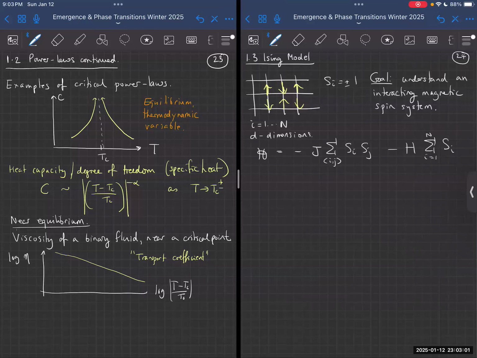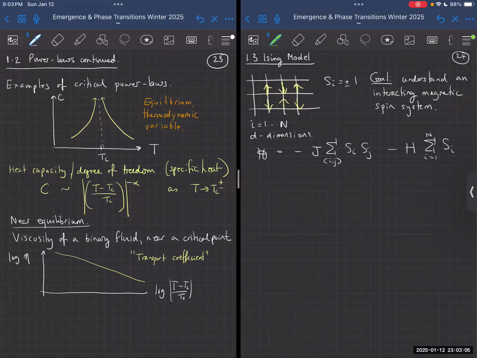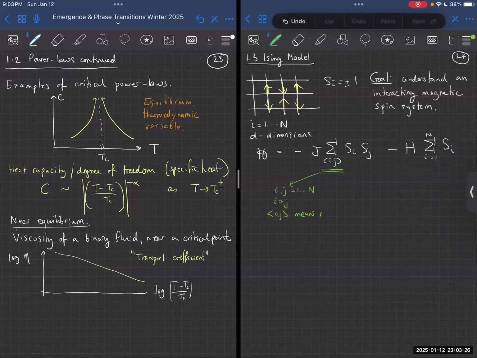When I write down this over here, what that means is that i and j both go from 1 up to n, but i is not equal to j, and the angle brackets ij means nearest neighbor sites.